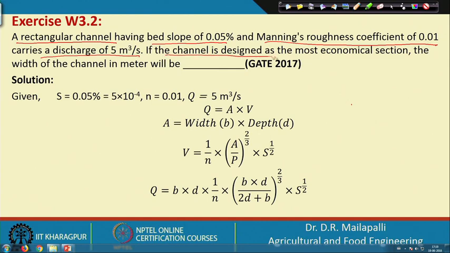If the channel is designed as the most economical section, if you remember, the depth is equal to B by 2. So find out the width of the section. This is a rectangular section, this is the B, and this is the D.